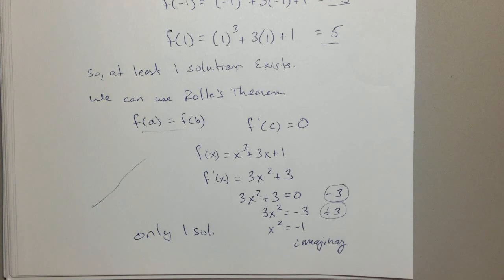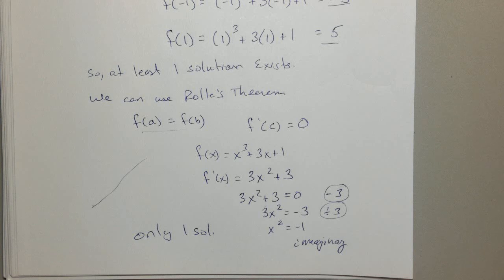Everybody follow that? We use Rolle's theorem because, if you use the intermediate value theorem and at 2 points you have different signed function values, then you know it crosses the x-axis at least once. What determines if it crosses more than once is finding the first derivative.